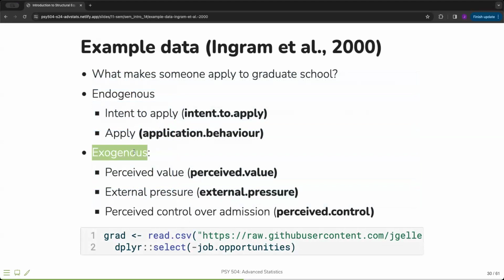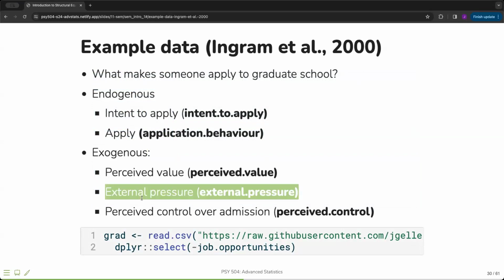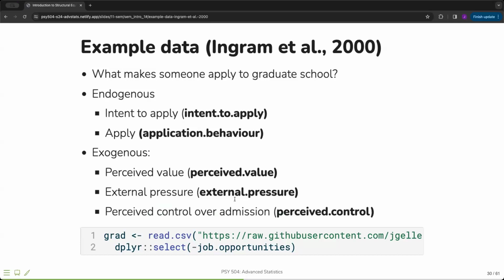And then we're going to also look at 3 exogenous variables: perceived value, so these are attitudes towards grad school; external pressure, so what is your mom, what is your dad, what is your best friend saying about grad school? This is normative beliefs. And then also perceived control over admission. So if you think that you're going to get into Princeton, how likely is it that you're going to apply to get into Princeton, right? So these are the variables that we're going to look at. And again, if you want to follow along, you can just download, or you can load into this data set here.